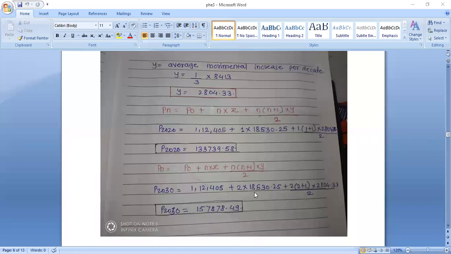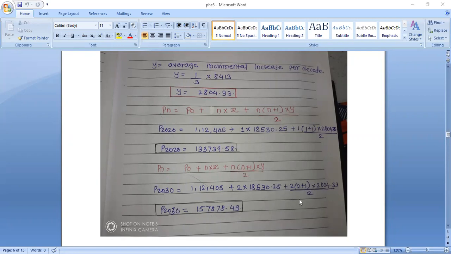And we have calculated the value of x as 18,530.25. Plus, in this formula we put the value of n as 2, into 2 plus 1, into the value of y, which is 2804.33, divided by 2.